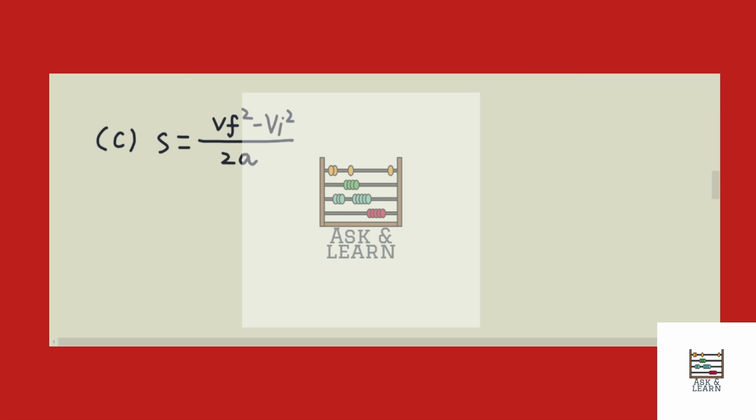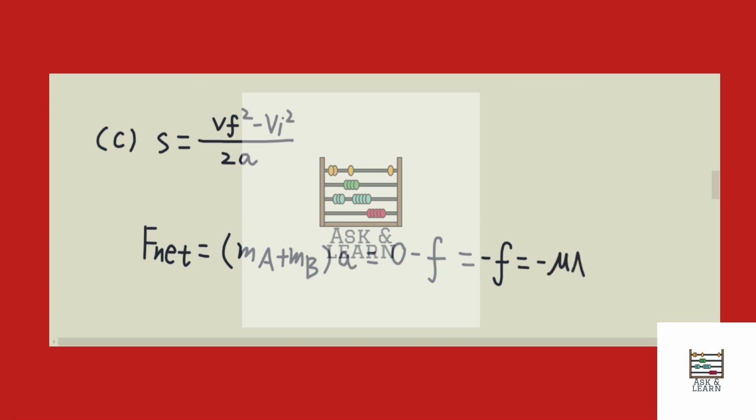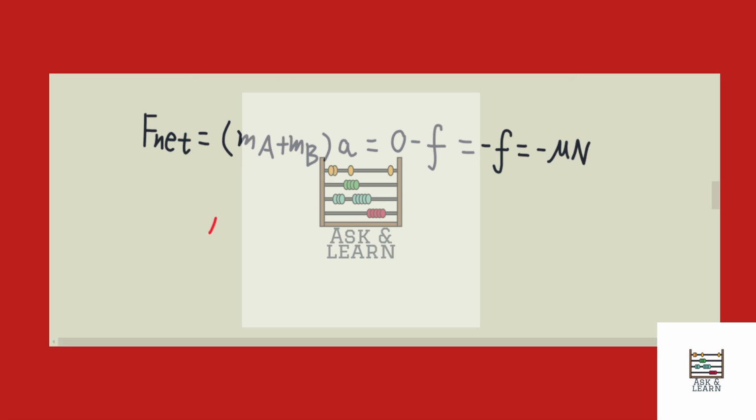We know the net force of the rack, F net, is equal to the mass of the rack, which is the total mass of the two cars, mA plus mB, times the acceleration. That is equal to 0 minus friction, because only friction is acting on it, and friction opposes the motion, so it is negative. That equals negative f, which is equal to negative mu N. Mu is the coefficient of kinetic friction, and N is the normal force from the ground.